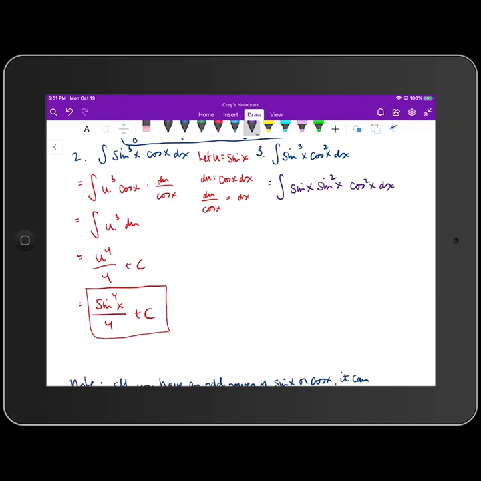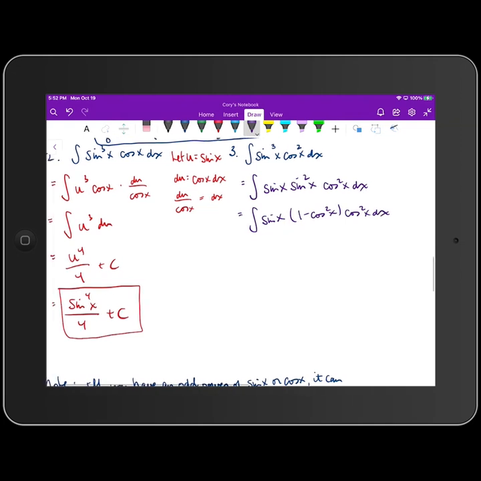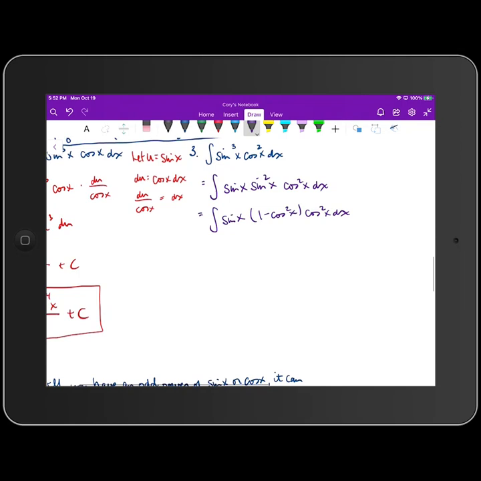And then I can rewrite sine squared using the Pythagorean identity. Sine squared plus cosine squared is equal to 1. I can rewrite sine squared as 1 minus cosine squared. And once I've done that, now I can simply do a u substitution here.